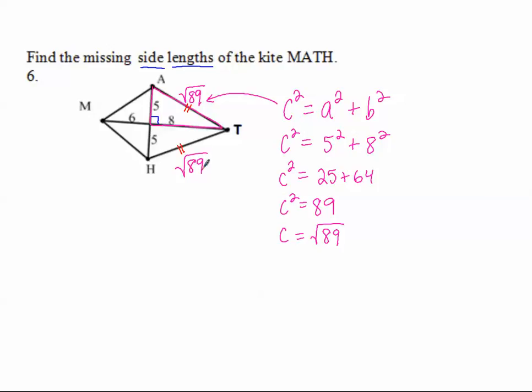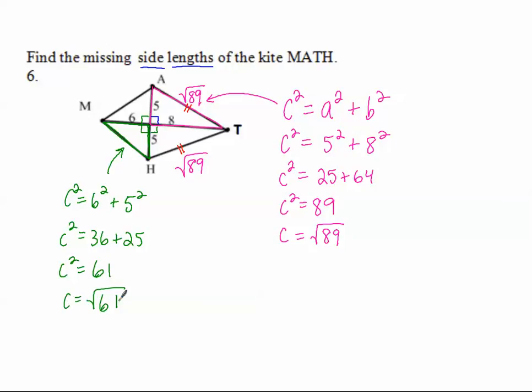Do you want to try to find the other two missing sides? So down here, we also have a right angle. In fact, all four of these are right angles. So let's take one of these triangles and use the Pythagorean theorem for that missing side. C squared equals 6 squared plus 5 squared. So C squared equals 36 plus 25. So C squared equals 61, and C is the square root of 61.